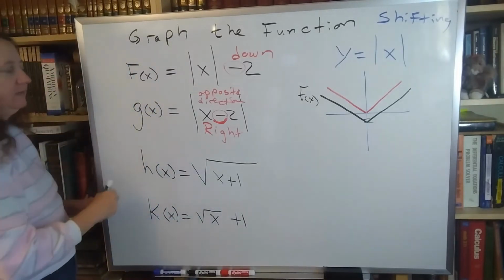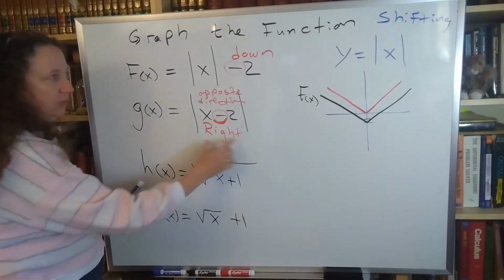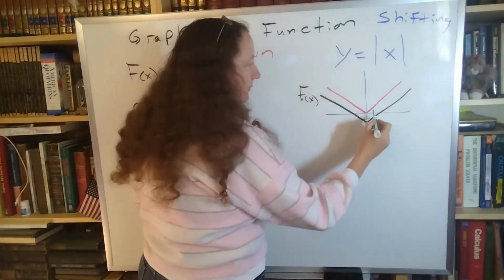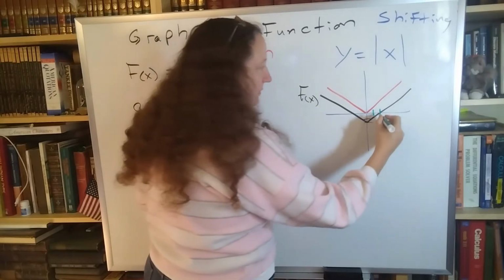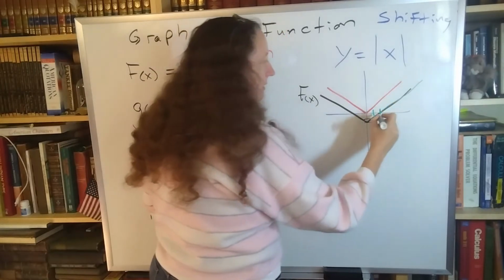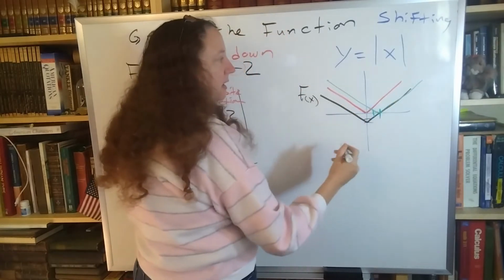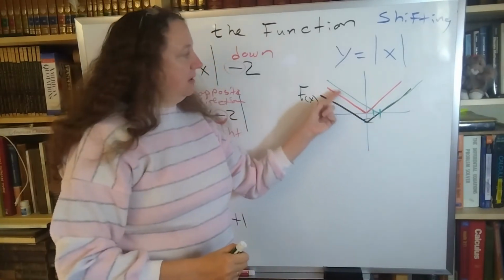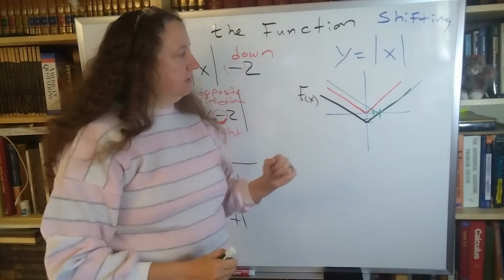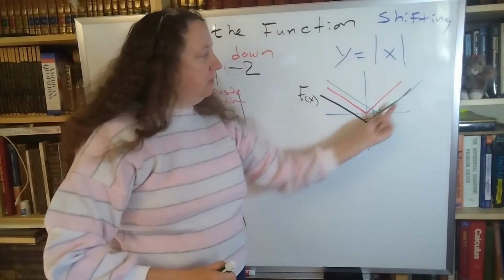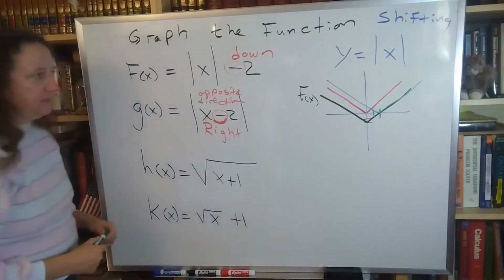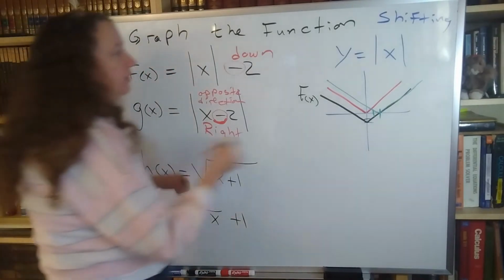G of x is going to be shifted right 2 places, so I need to find 2 places over to the right. And the green line is parallel to the red line. The green line is also parallel to the black line. And those 2 graphs are done.